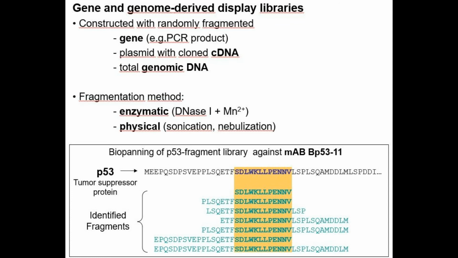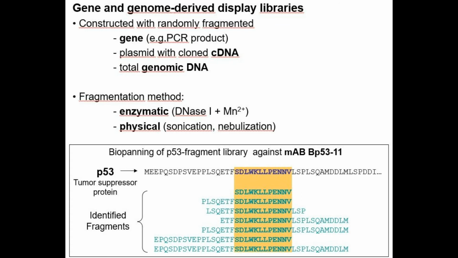These fragments can be created by some enzymatic reaction, like with DNase, or some physical action such as sonication or nebulization.